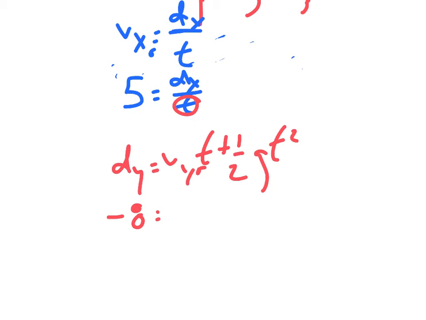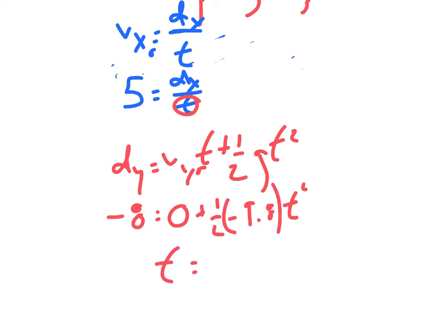You weren't. You didn't jump up or down. So that's 0, and 0 times anything is 0. So then we got plus 1/2 negative 9.8 t squared, and we can solve this for t. We divide both sides. Half of 9.8 is 4.9, so you take 8 divided by 4.9 and square root it. You get a time of 1.27 seconds.